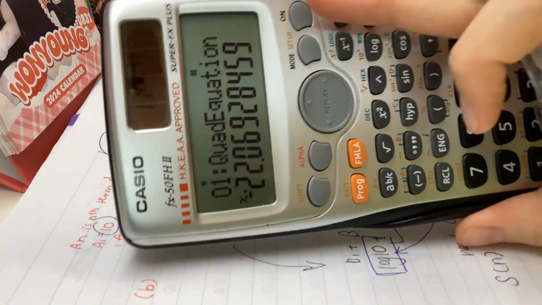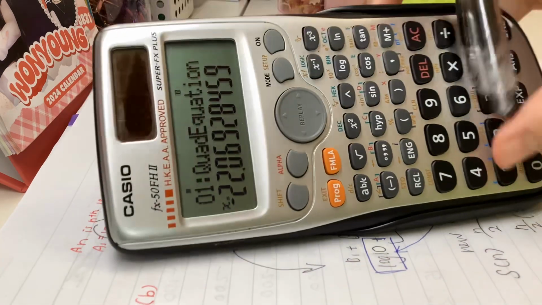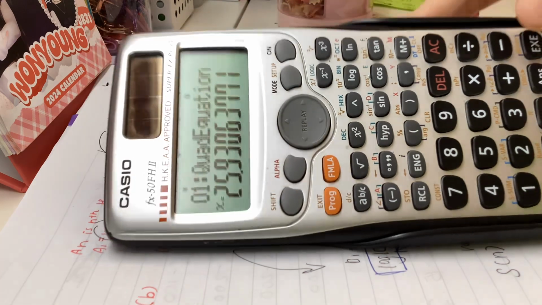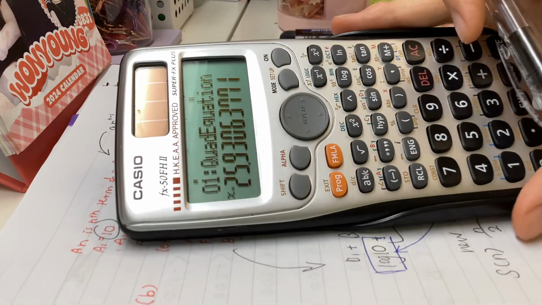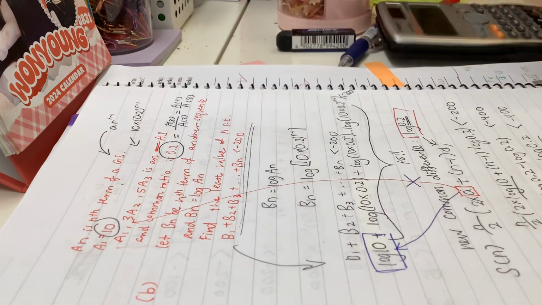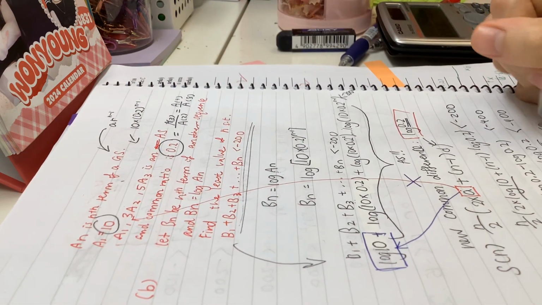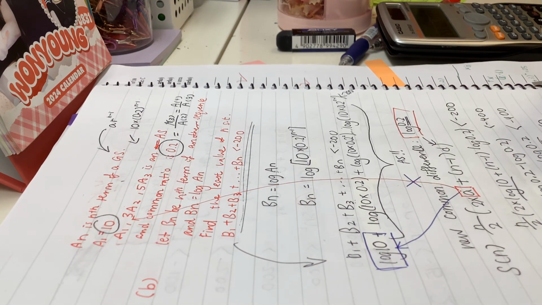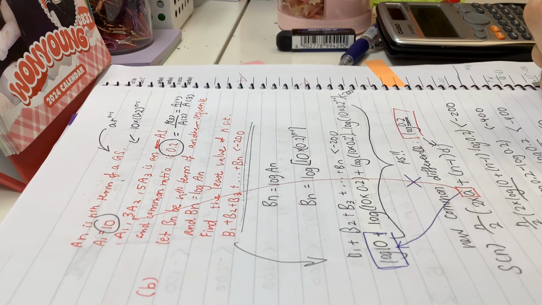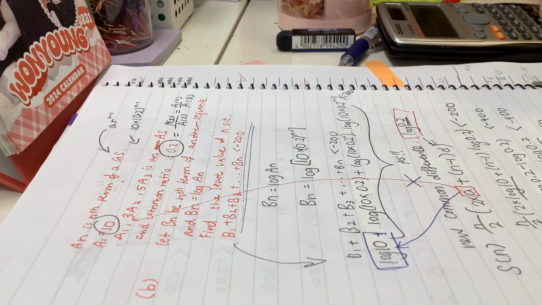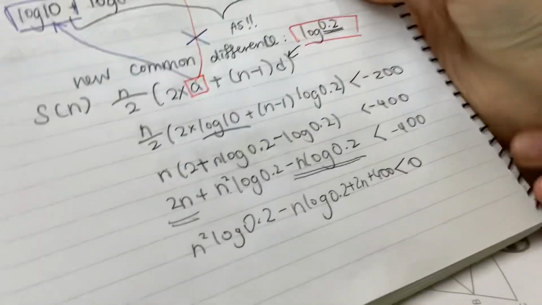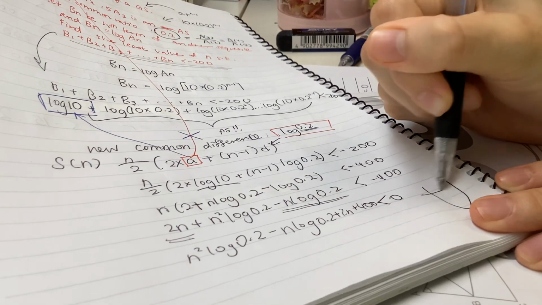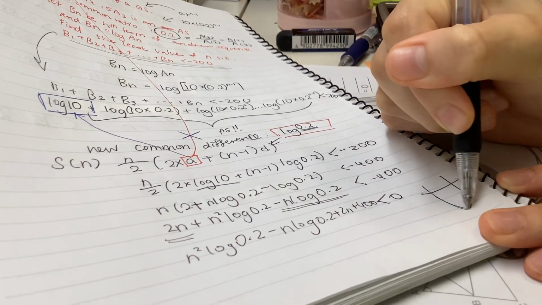So the answer would be negative 22.01 and 25.9. Sorry. So these will be the answers. And so hold on. As you can see here, this is smaller than 0, which means that it's over here and it's connecting together.